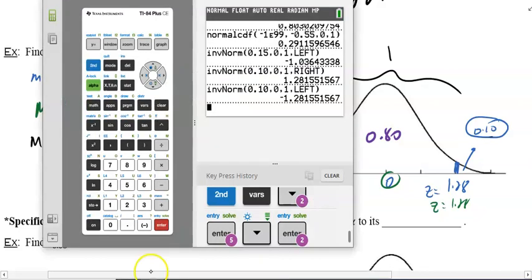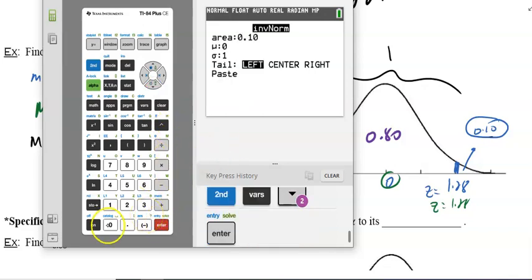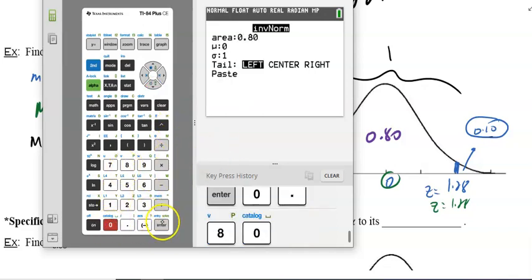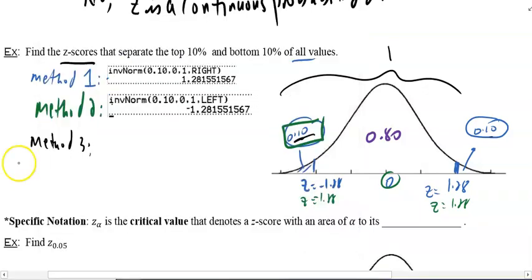Well, I go to my calculator and I go distribution, inverse normal distribution. What's the area? 0.80. And where's that area? That area is in the center. Paste, solve. Guess what? It'll give you the lower and the upper end for that. It gives you these two numbers automatically.